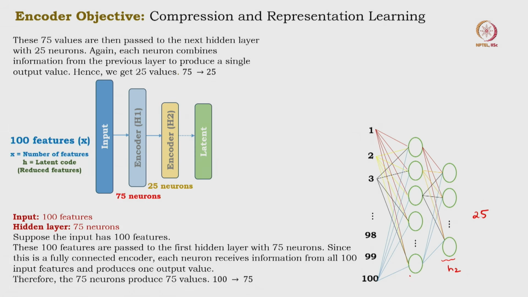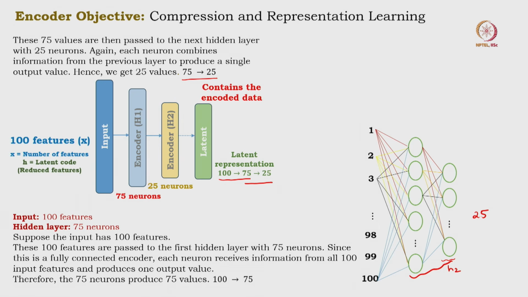From 75 you have reduced down to 25. So the output of the hidden layer H2 is the latent representation. From 100 you have moved to 75, and from 75 you have reduced down to 25.